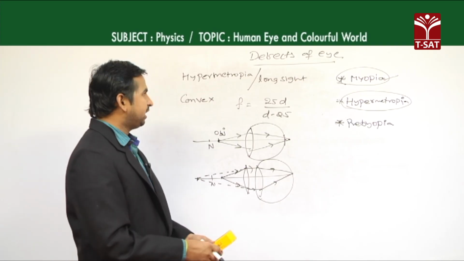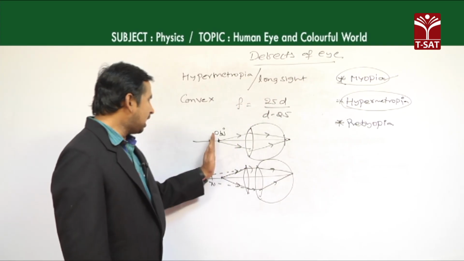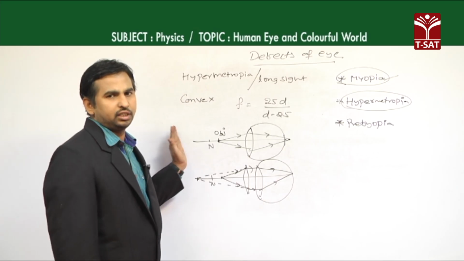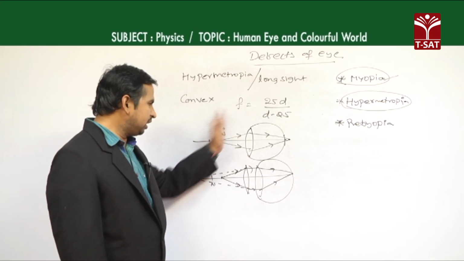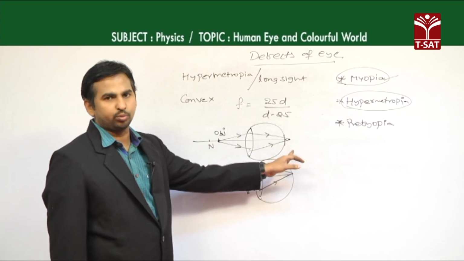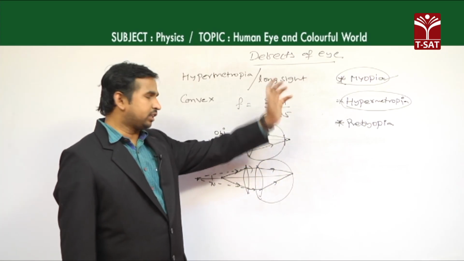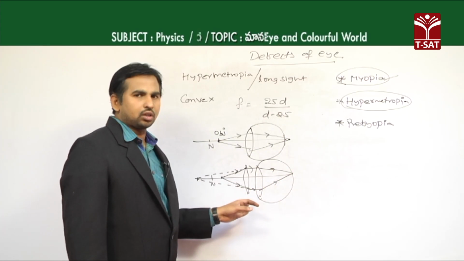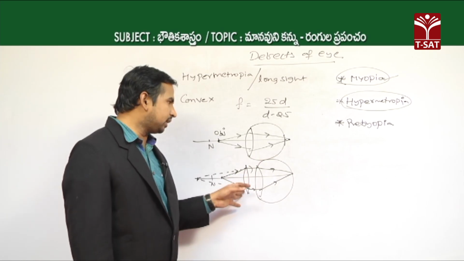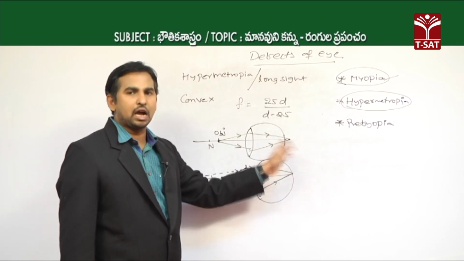So that is why, in the case of long sight, we can see the object clearly after the near point. If it is before the near point, we have the problem. So the suggested lens is the convex lens, because the converging point is far behind the retina.